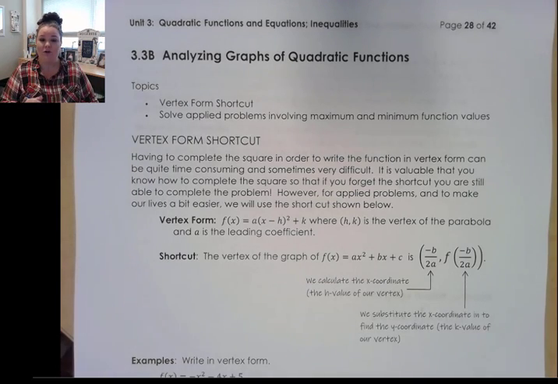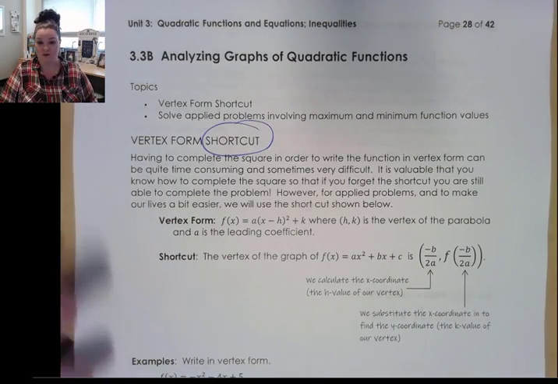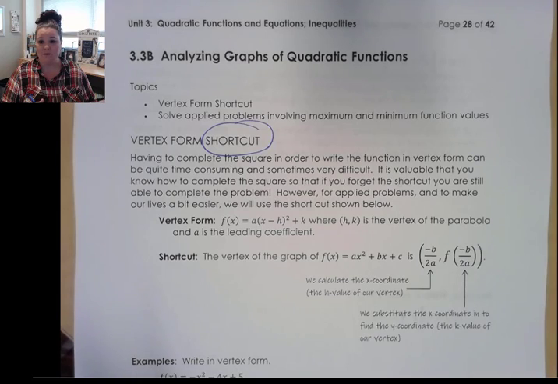So today I'm going to show you what we call the shortcut, okay? The vertex form shortcut. Now, if you can remember this shortcut, that's wonderful, and you can use it and everything will be peachy. If you can't remember it, or you're not 100% sure, you can always solve these problems working it out using the completing the square method to get it into vertex form.